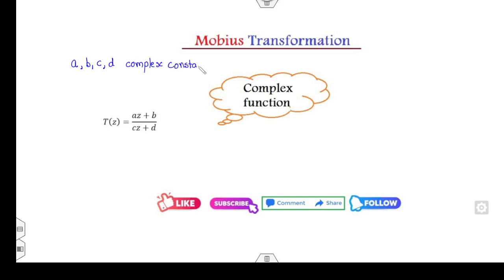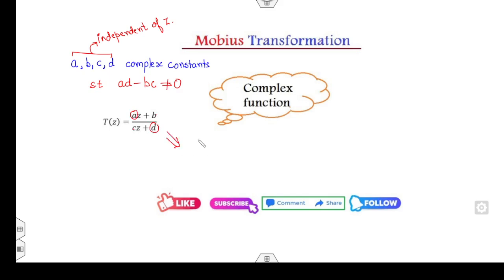Complex constant means, because the variable is Z, that A, B, C, D are independent of Z. Such that the relation between A, B, C, D is AD minus BC is non-zero. That is A into D minus B into C is non-zero.